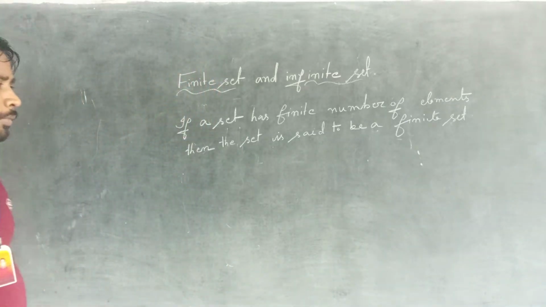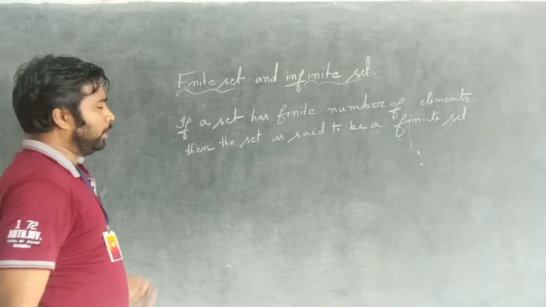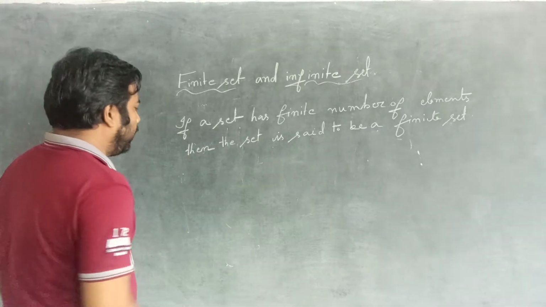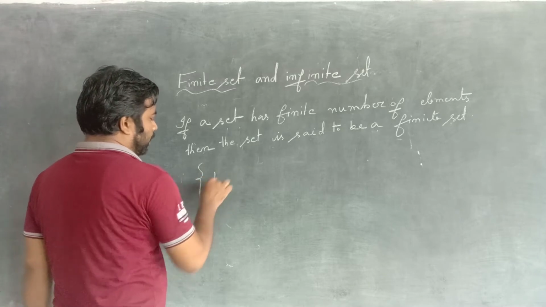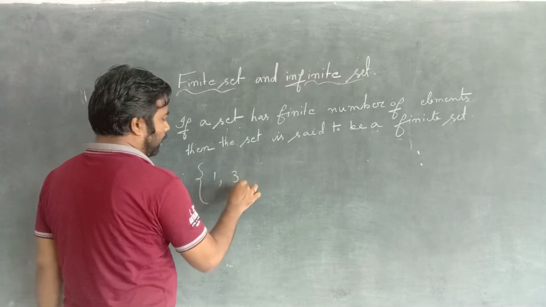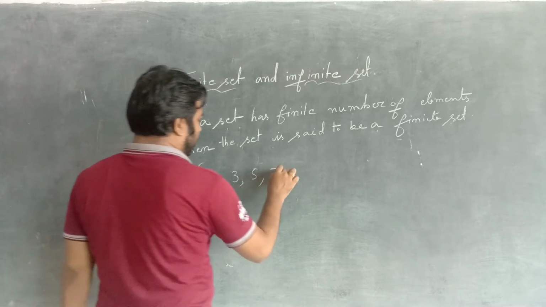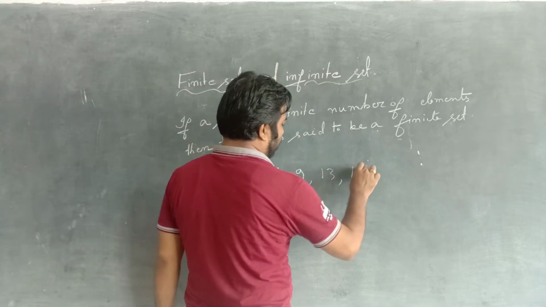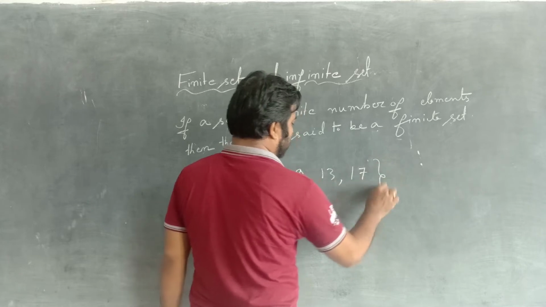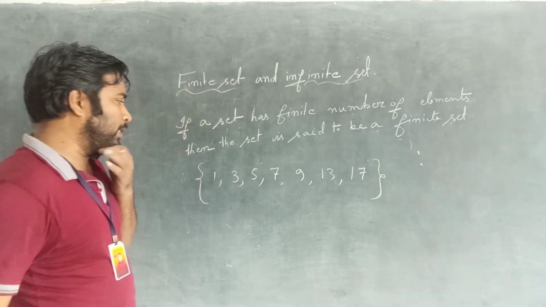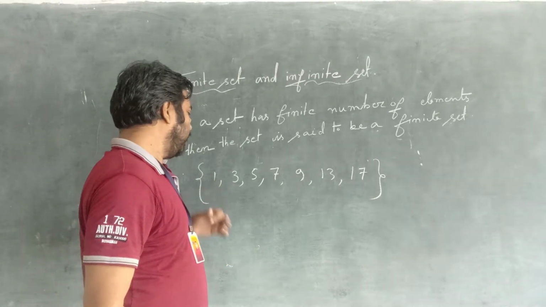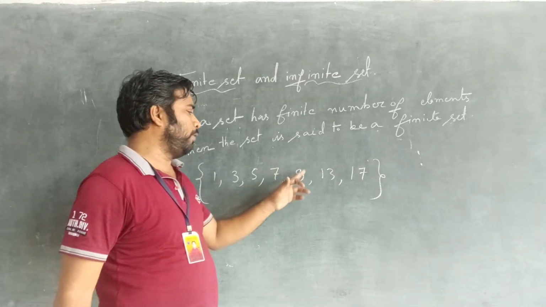ठीक है? अभी देखो ये जो डिफिनेशन है, अगर हम लोग एक सेट ले लेते हैं यहाँ पे, सेट के अंदर में 1 एलिमेंट है, 3 है, 5 है, 7 है, 9 है, 13 है, 17 है, so these are the elements. So देखो इस सेट पे एलिमेंट्स क्या क्या है, कितना एलिमेंट है, 1 2 3 4 5 6 7.